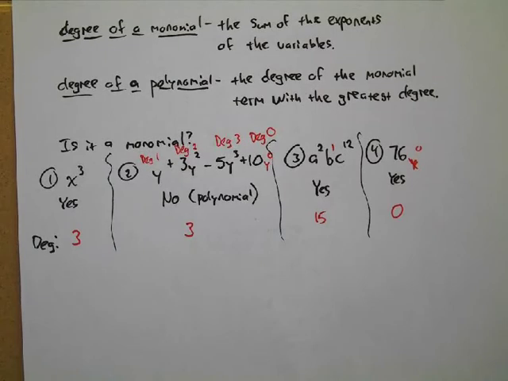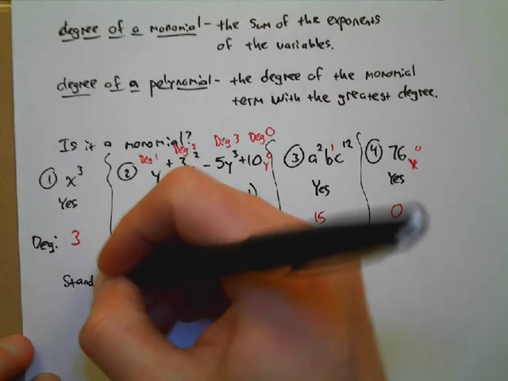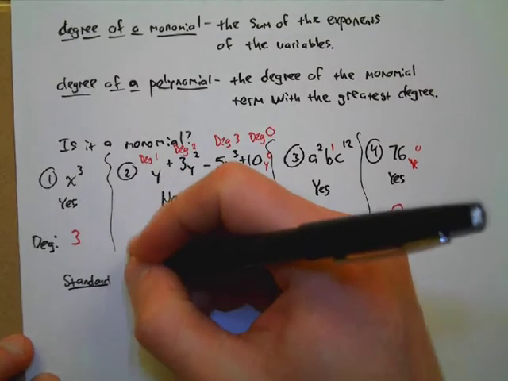All right, a few other things here. We also have this thing called standard form. Again, we've talked about this before. This is the same idea as what we talked about with quadratics and with cubics.